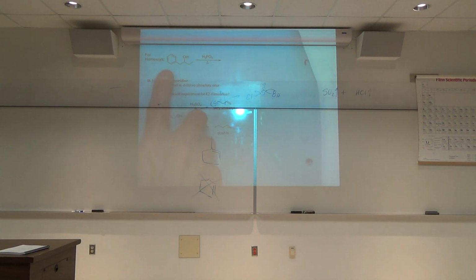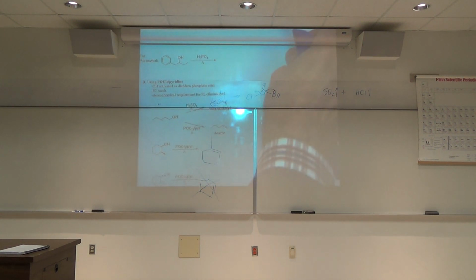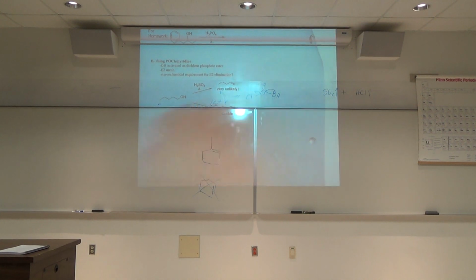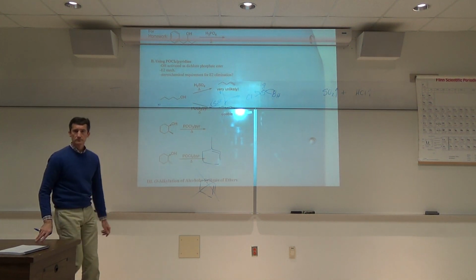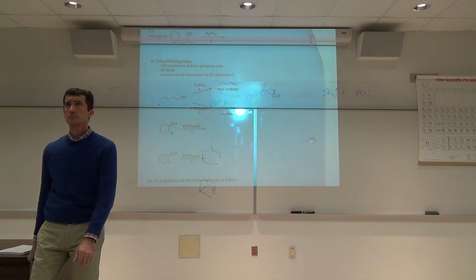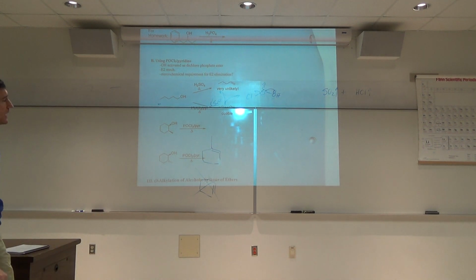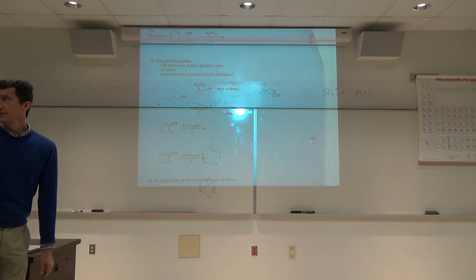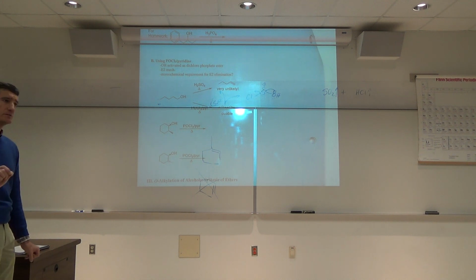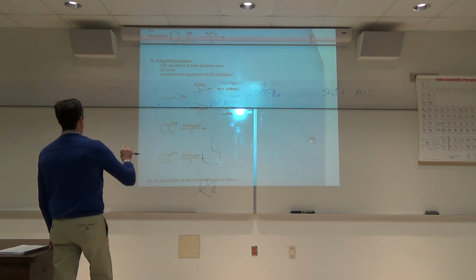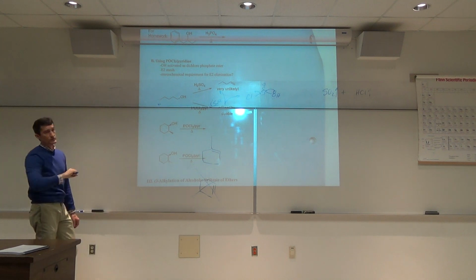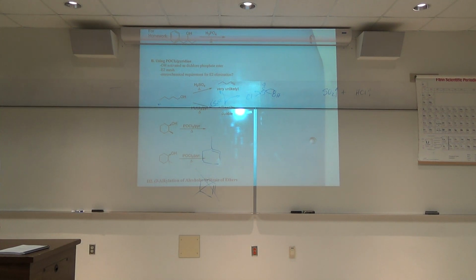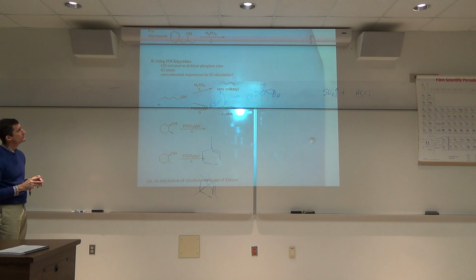Here's one for you to do on your own. And let's look ahead a little bit. We're going to see a new method to eliminate or dehydrate an alcohol. And it's going to be using POCl3 pyridine. I often say POCl3 pyridine.